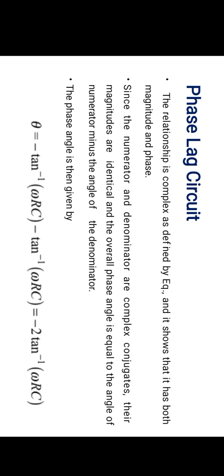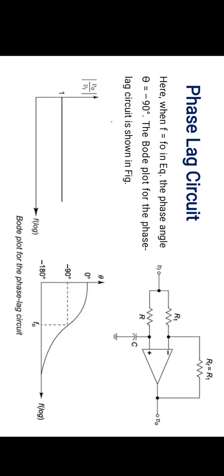The phase angle is then given by theta equal to minus tan inverse omega RC minus tan inverse omega RC equal to minus 2 tan inverse omega RC. Here, when f equal to f0 in the equation, the phase angle theta equal to minus 90 degree. The Bode plot for the phase lag circuit is shown in figure.